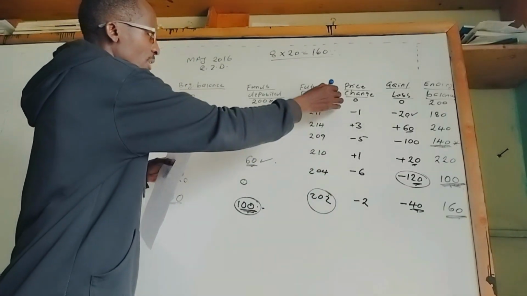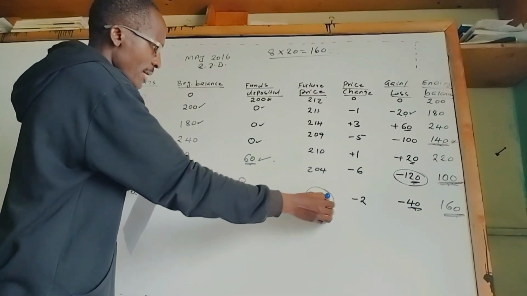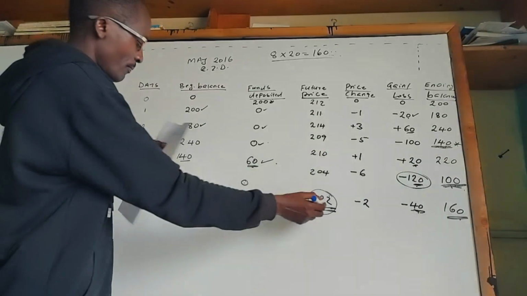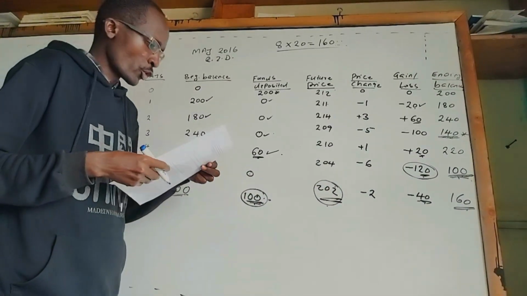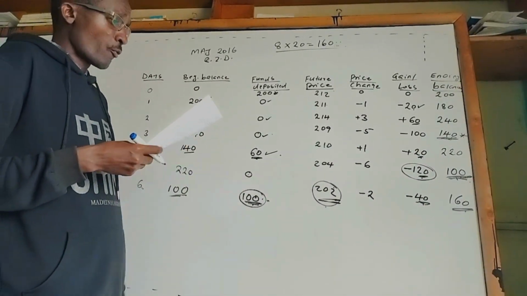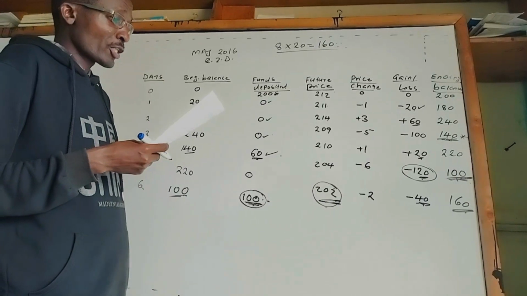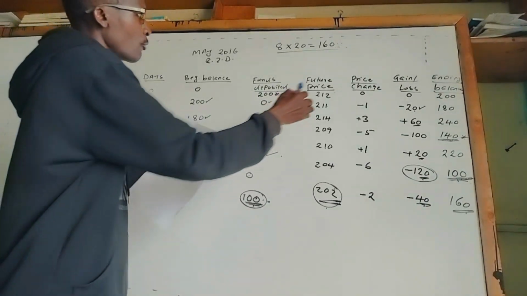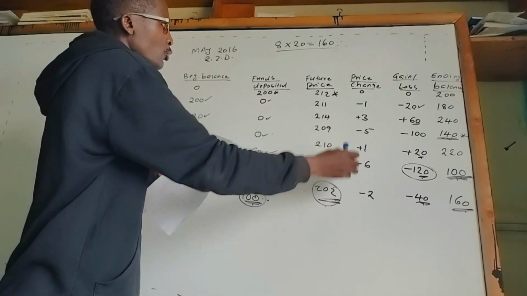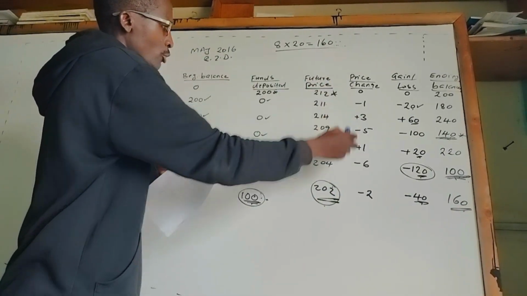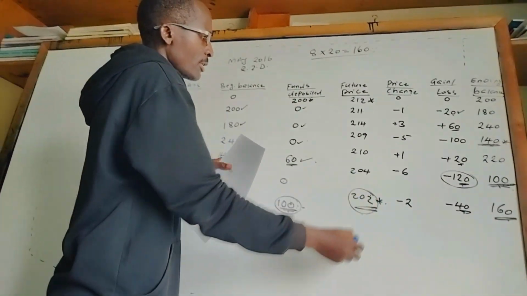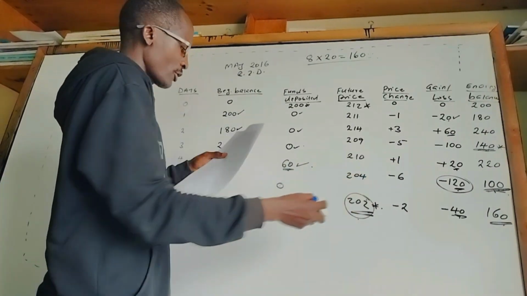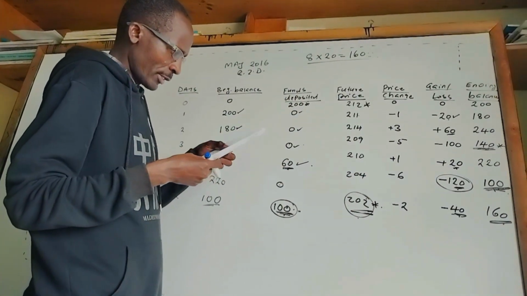Those figures were given here. The price is 202, a decrease of $10 from your purchase price of 212. If you compare 212 and this figure here, the difference is 10.